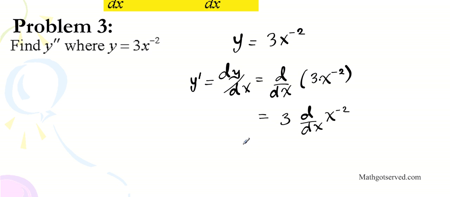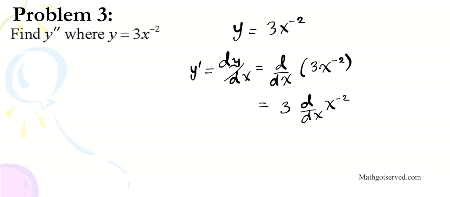We're going to have 3 times, if we apply the power rule that we went over before, we can bring that power to the front of x, negative 2, x to the, and then subtract 1 from that power, minus 2 minus 1.